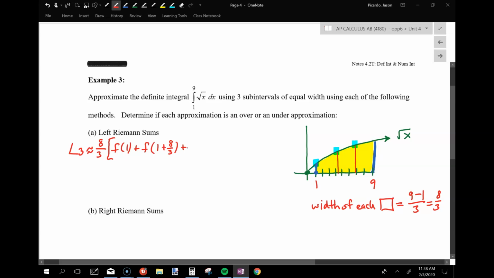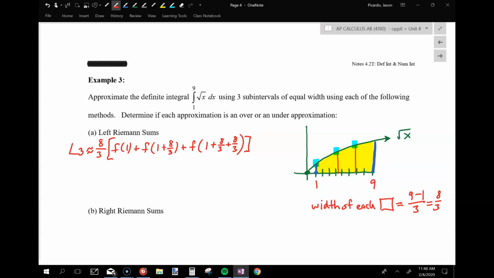Now I'm going to go F of 1 plus 8/3 plus 8/3, right? I'm going to add another to that, right? And that gives me my notation, right? There's the notation of what we're trying to accomplish.